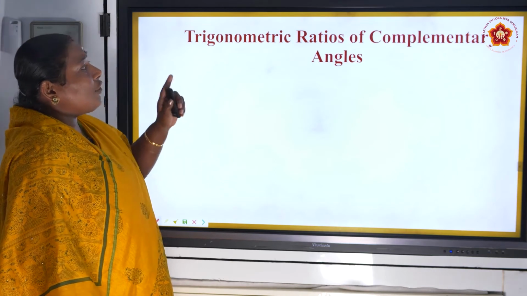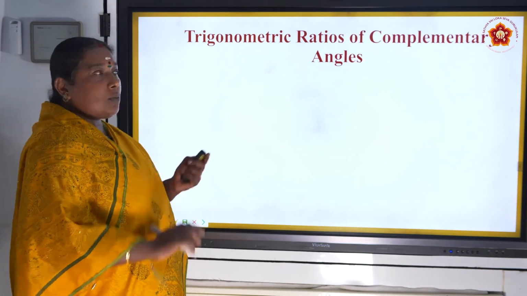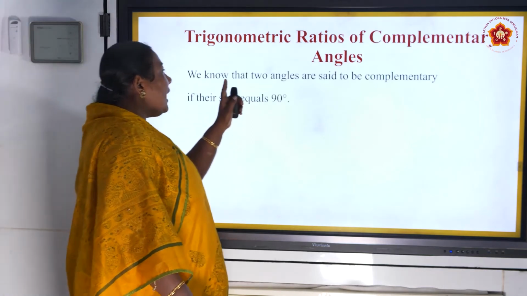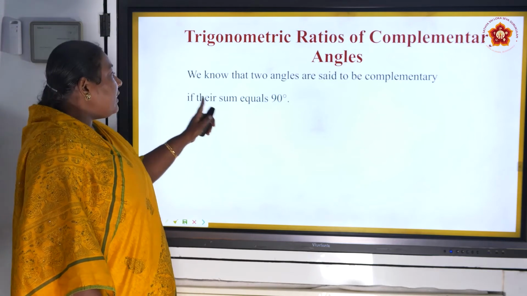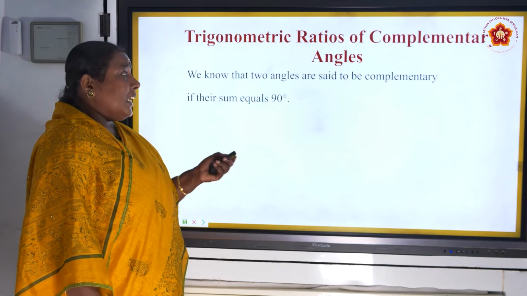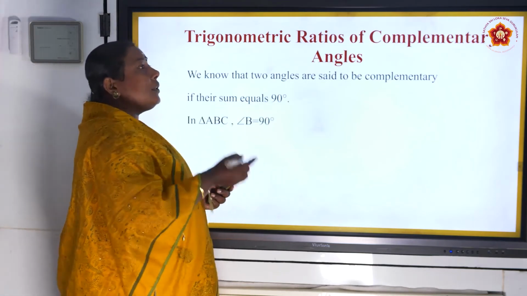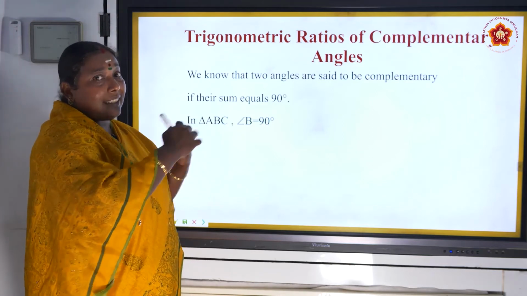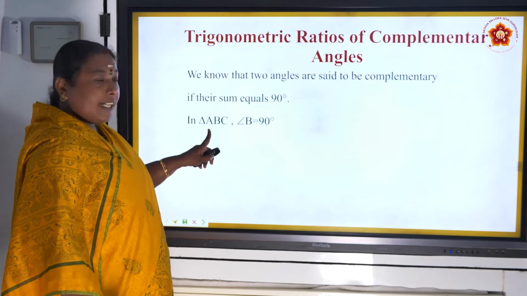Trigonometric ratios of complementary angles. What is meant by complementary? We know that two angles are said to be complementary if their sum equals 90. Right? In our trigonometry, we have a triangle with one angle 90, then the other angles' sum should be equal to 90, right?